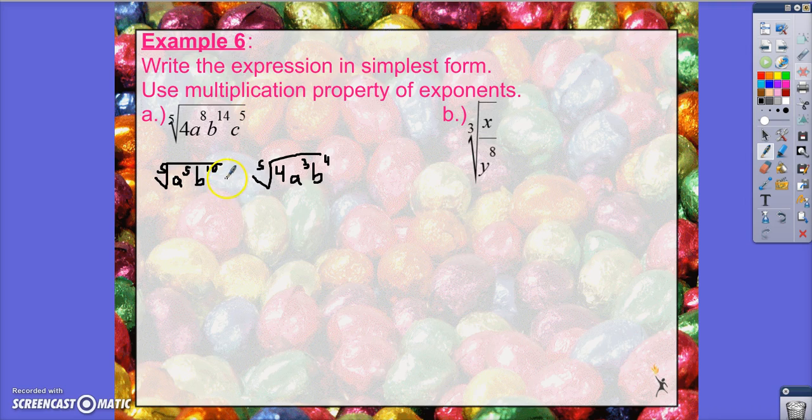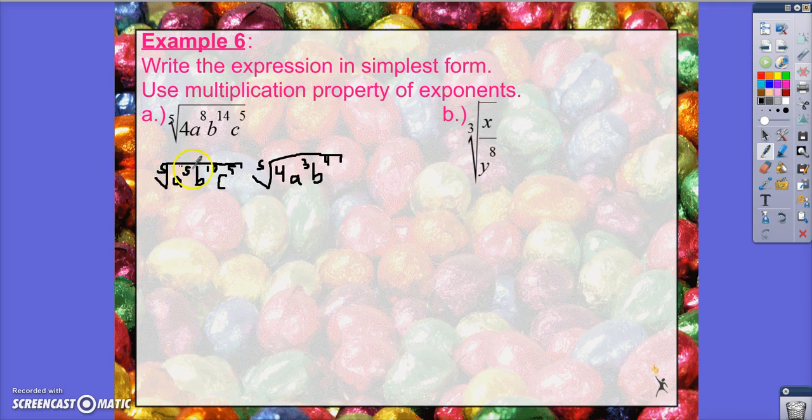Now c's to the 5th. I could put all 5 here. And then I have no leftovers here. So once again, this first root is going to be all my perfect fifths, 5, 10, 5, right? And the second root is going to be what's left over.